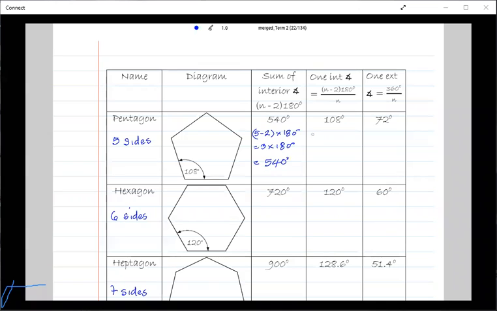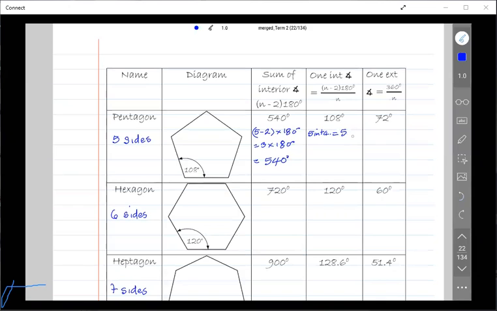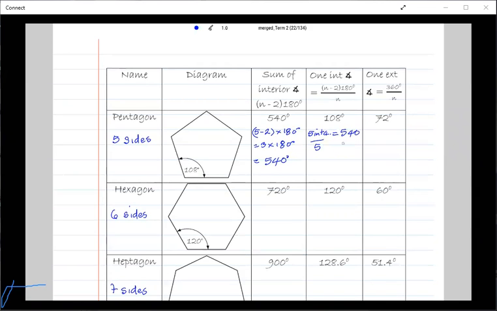Now, the 5 interior angles of this regular pentagon must add up to 540 degrees. So if I divide both sides by 5, I'm going to get 1 interior angle is equal to 108 degrees.